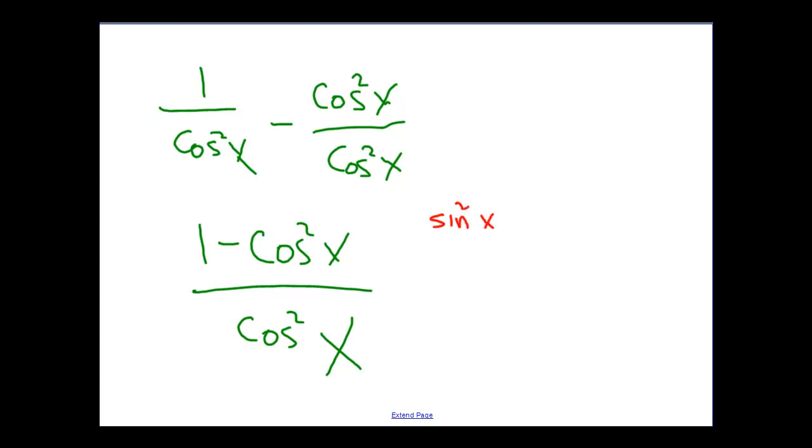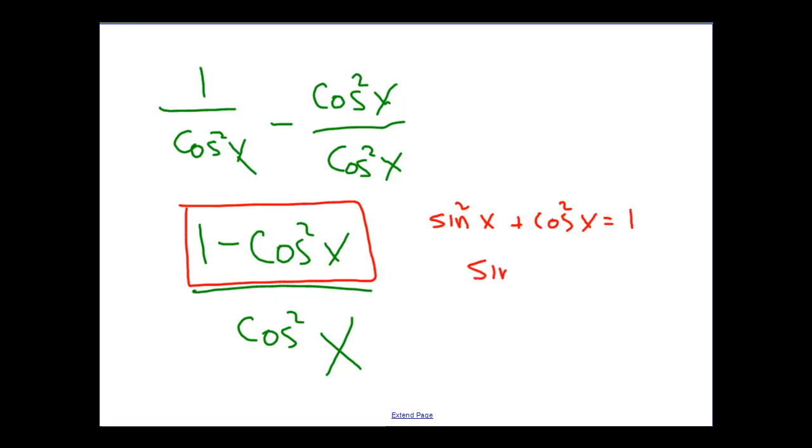I have sine squared x plus cosine squared x is equal to 1. In my numerator in this expression I have 1 minus cosine squared x. So let me rewrite this trig identity so that on the right-hand side I have 1 minus cosine squared x.